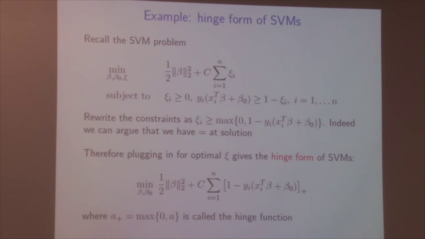So I'm going to argue that if we have the optimal xi_i, that's actually going to be an equality and not an inequality. The reason I'm going to argue this is, let's say that xi_i is somehow bigger than what's on the right. Then that means that there's a feasible xi_i, which is equal to what's on the right, that would be of smaller value than my initial xi_i.